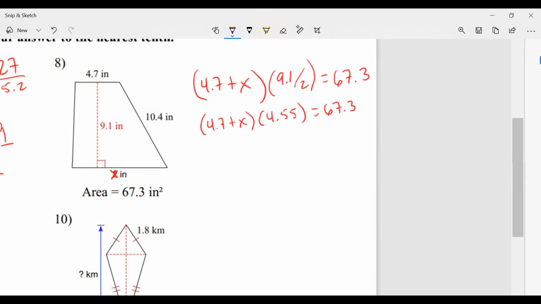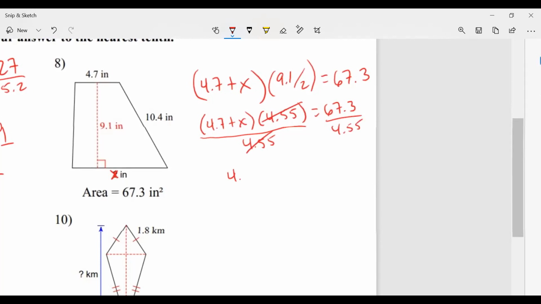Okay. Let me get rid of one of my parentheses, right? Because 2 parentheses together means multiplication. I can do the distributive property, but I can also just divide both sides by 4.55. So this cancels out.